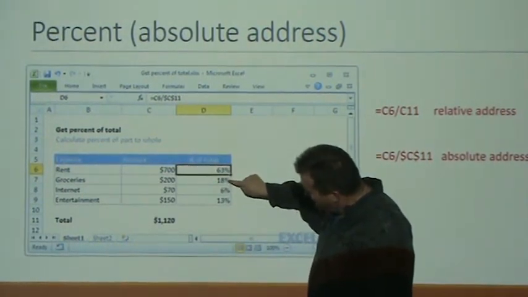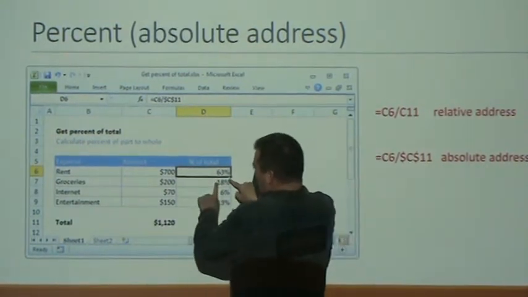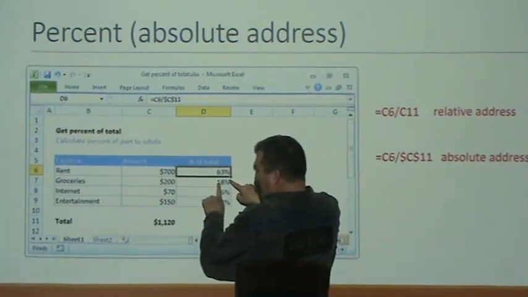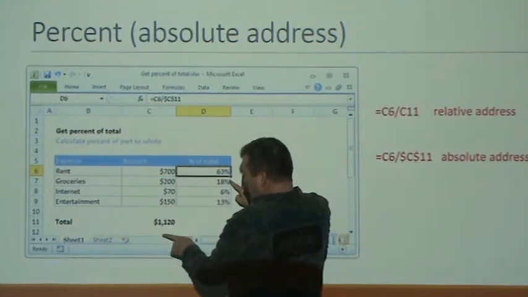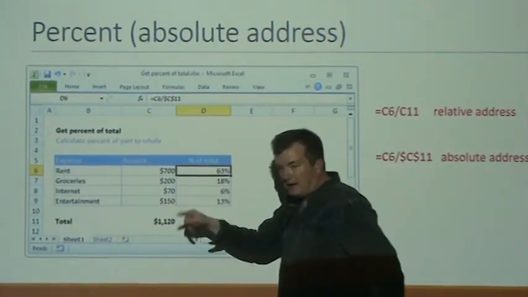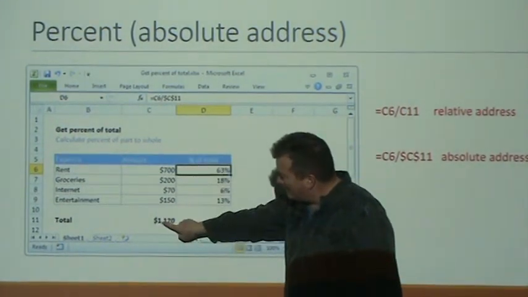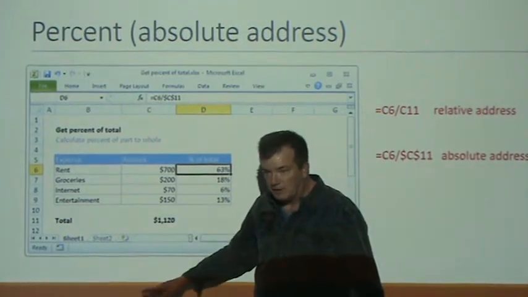the calculation for this box would be the box to the left as a numerator, and for the denominator it would be the box to the left, and then 1, 2, 3, 4, 5 rows down. Because this thing isn't smart enough to know that this denominator doesn't move down. It wouldn't know that.